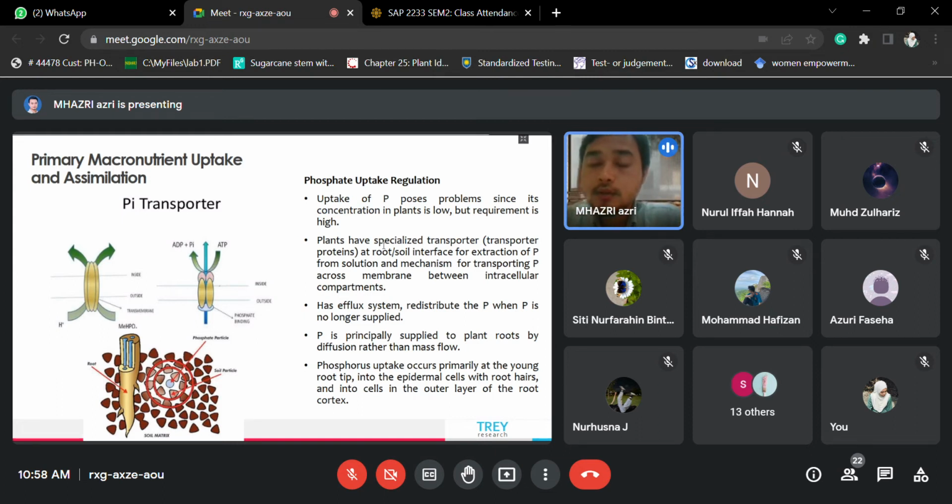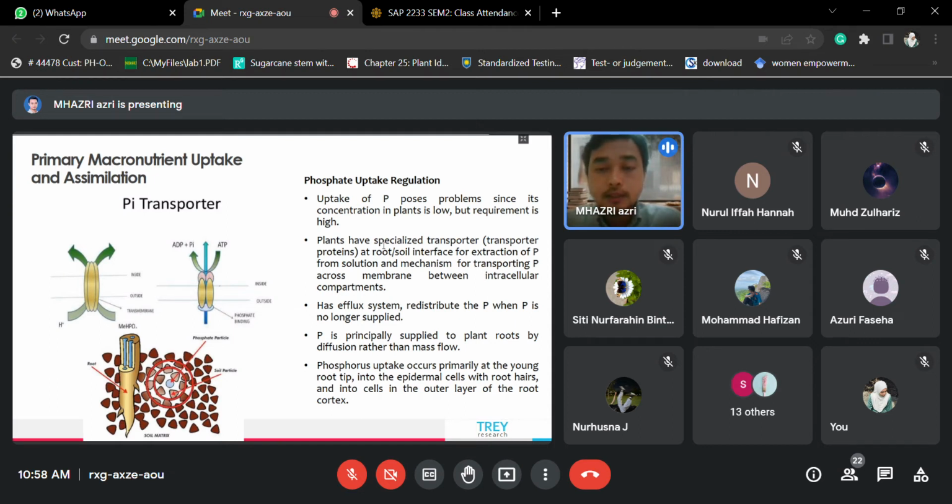Okay, so bila elements move from lower concentration to high concentration, usually the uptake process involves active transport, requires protein transporters or requires energy.